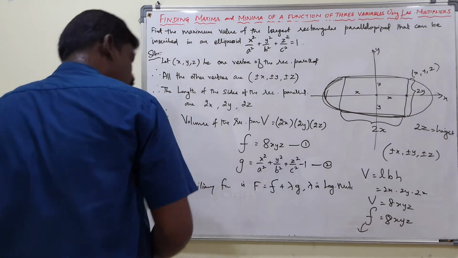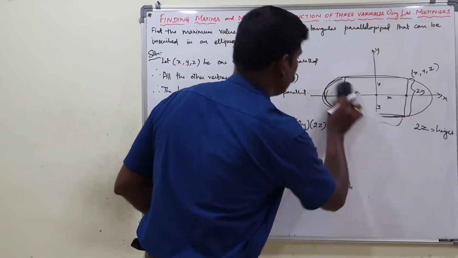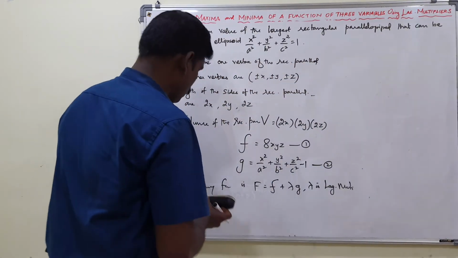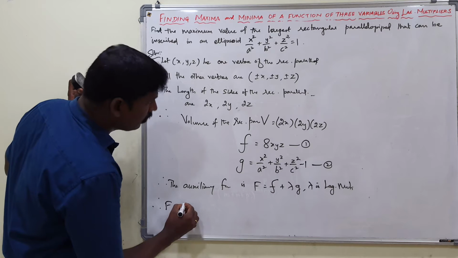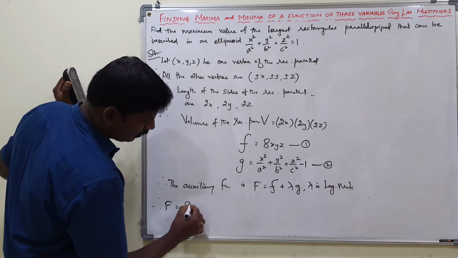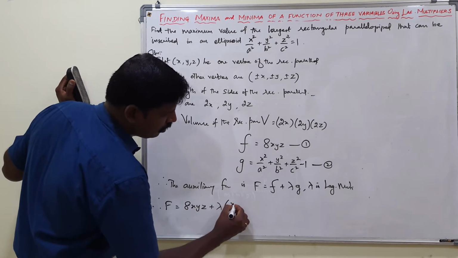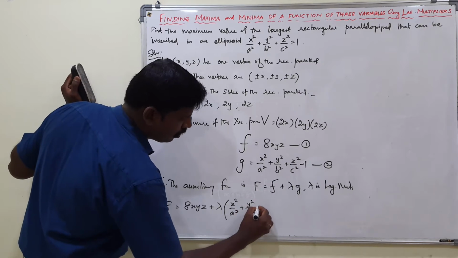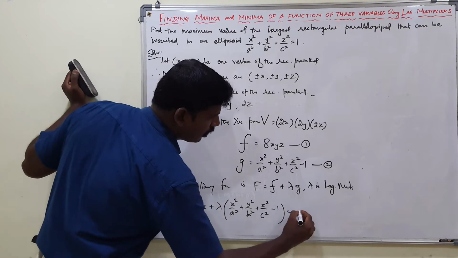Therefore, capital F is equal to 8xyz plus lambda into g. What is g? x square by a square plus y square by b square plus z square by c square minus 1. I call this equation number 3.